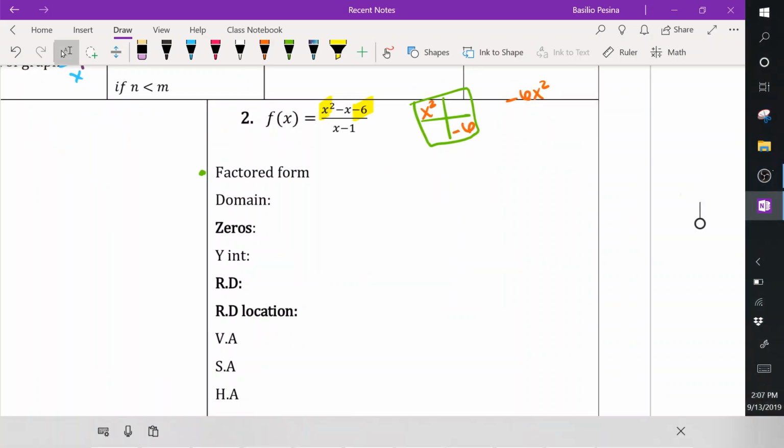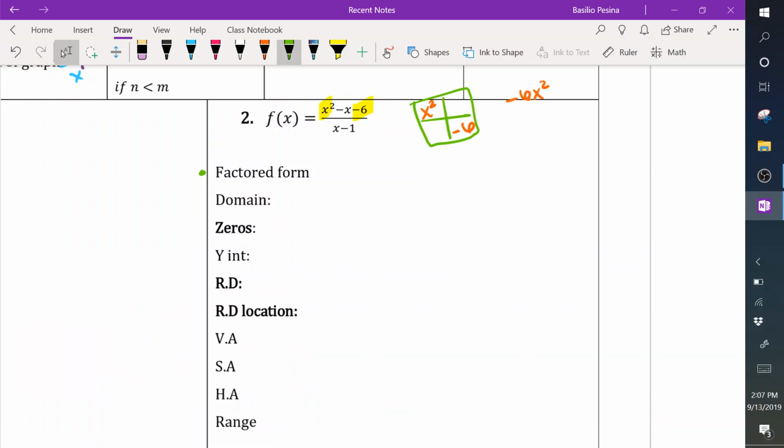Now I'm looking for the number that goes right here and the number that goes right here. Those numbers have to multiply to negative 6x squared and add up to negative 1.